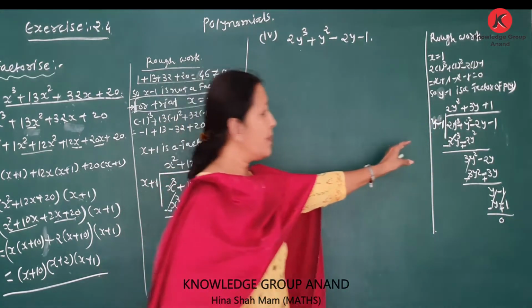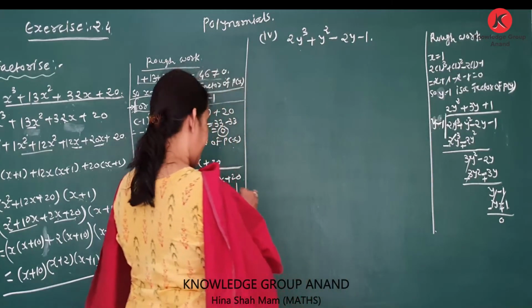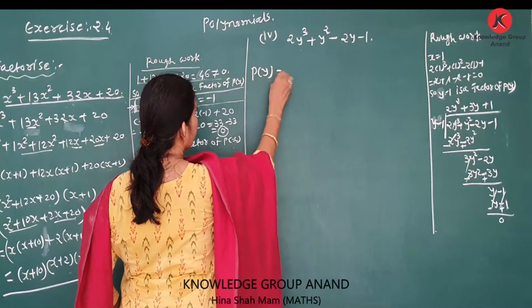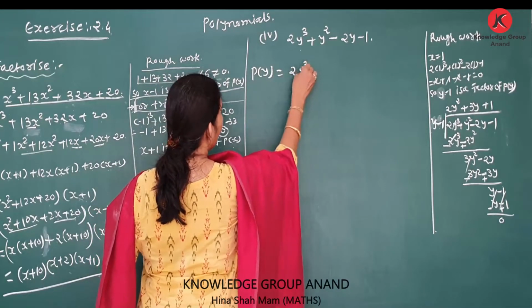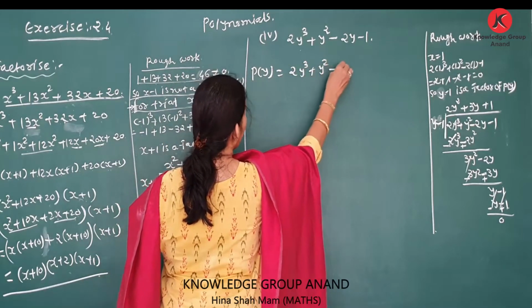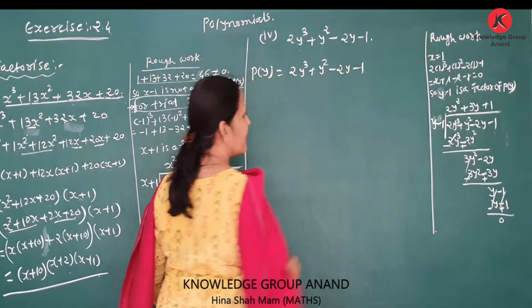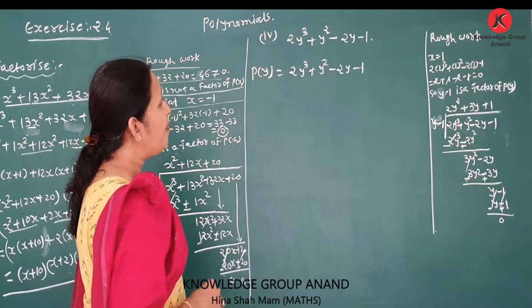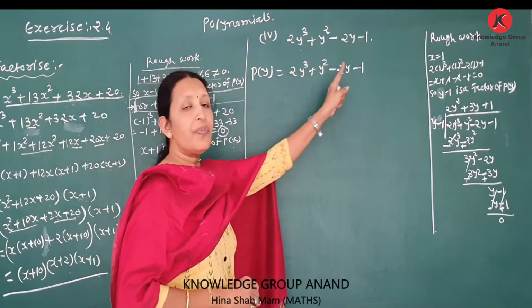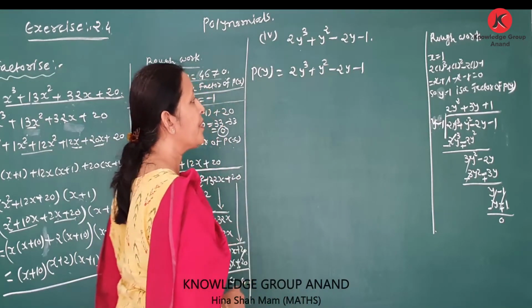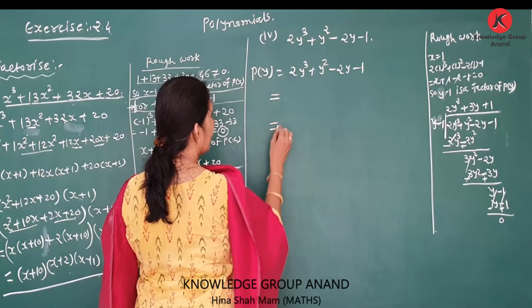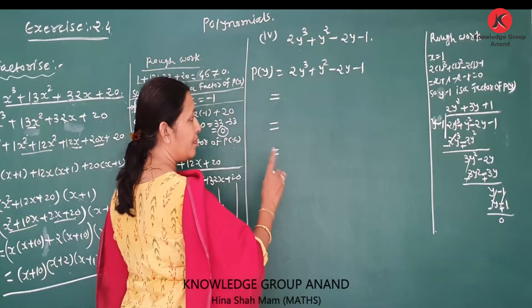Now we complete our process. Here we write p(y) equals 2y cube plus y square minus 2y minus 1. Here we write the second, third and fourth terms.